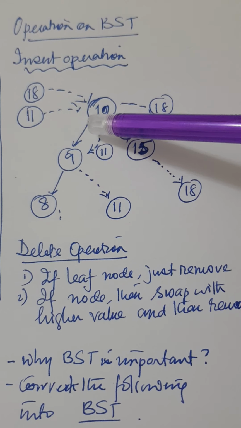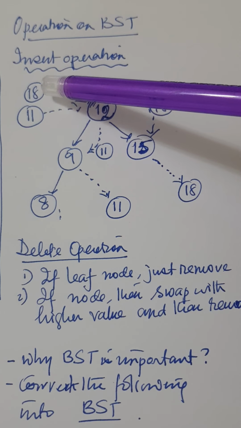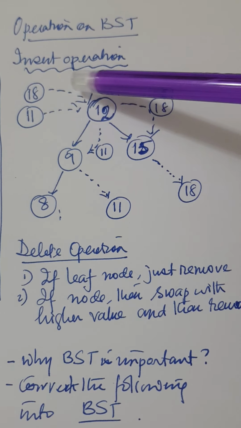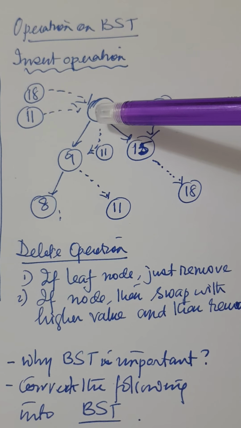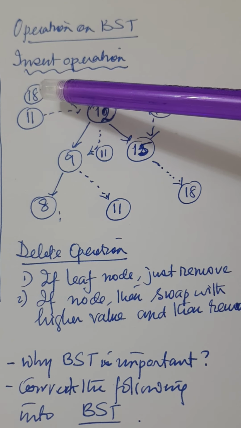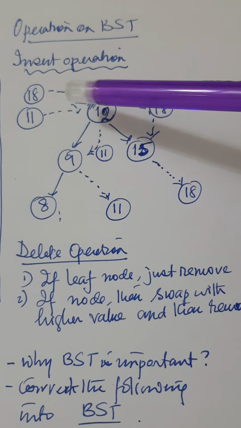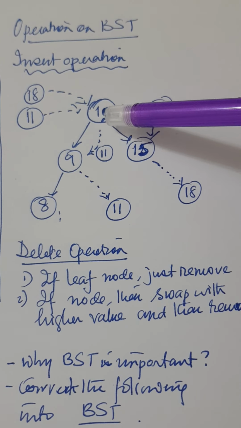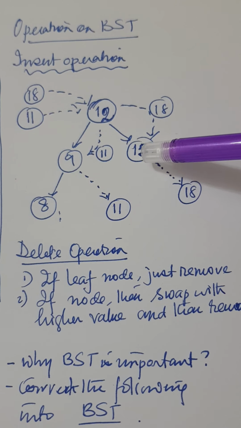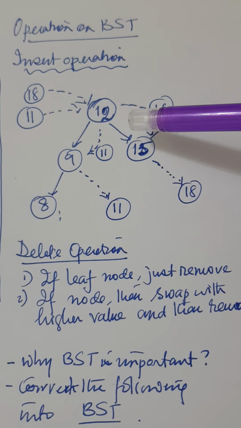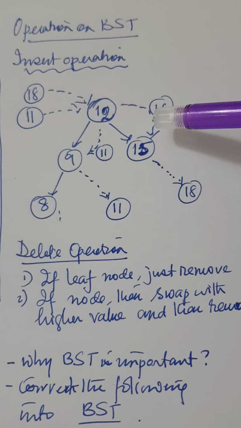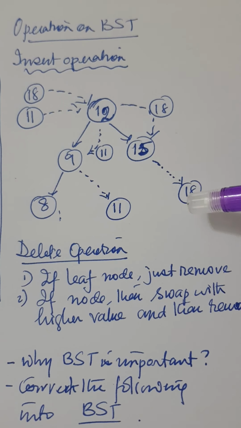Now we are going to first insert 18 in this tree. It comes to the root and compares the value of the node with the root. It finds that 18 is greater than 12, so go to the right. It comes to 15 and compares again: is 18 greater than 15? Yes, so go to the right and it's connected here.